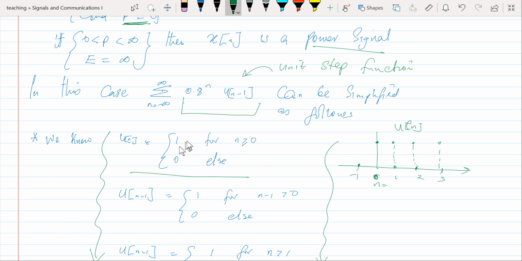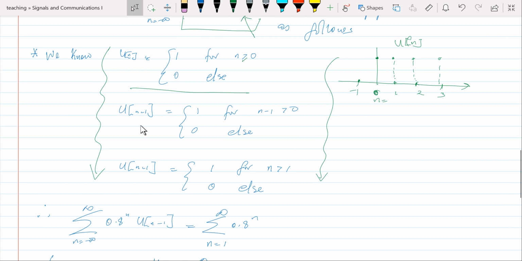But then what we know is that we are talking about a slightly delayed function, and what that means is that we can evaluate it by replacing n with n minus 1. So I'm saying u of n minus 1 is equal to 1 and 0 for n minus 1 bigger than 0. We just replace this term because previously we said that n is bigger than 0, but now we have replaced n with n minus 1, and here also we replace this n with n minus 1.